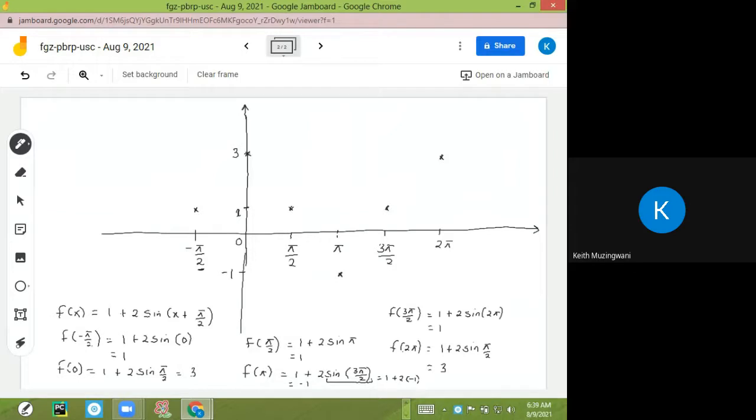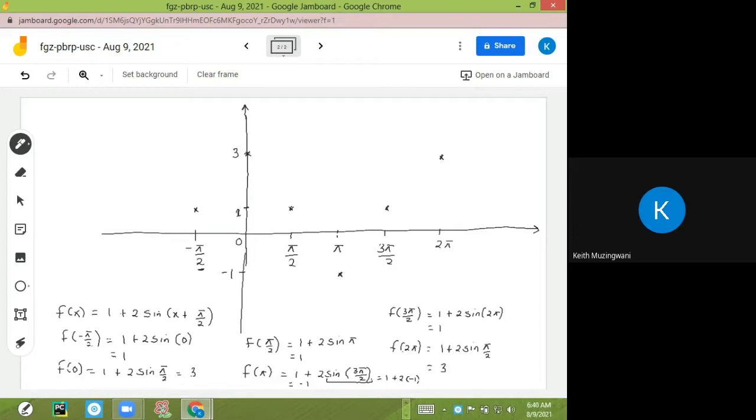The reason why we need the scale is that the scale will always push us to the special angles, and the special angles are known. You must know sine 0, sine 30, sine 45, sine 60, sine 90, 180, 270, 360.